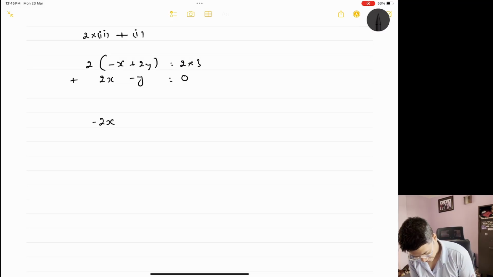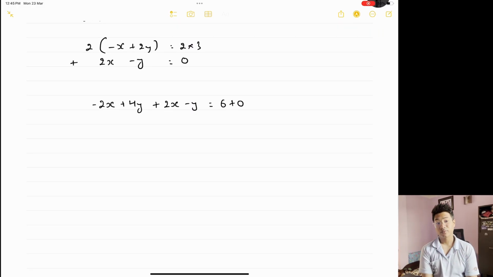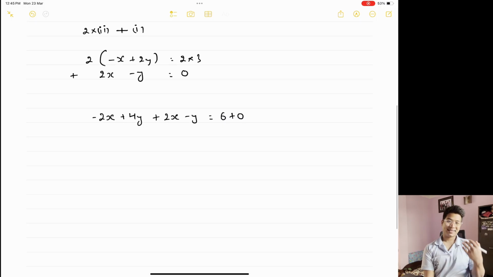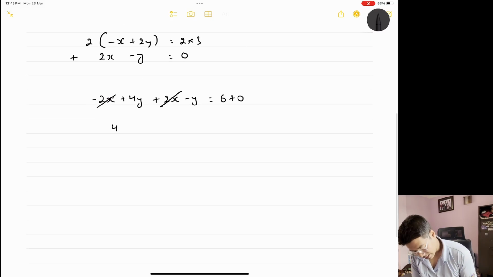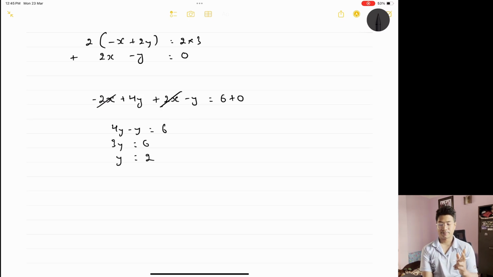That is negative 2x plus 4y, added to 2x minus y, is equal to 6 plus 0. So what this does is my x variable is now eliminated. It's no longer there, and I get 4y minus y is equal to 6. That is 3y is equal to 6. So my y turns out to be 2.